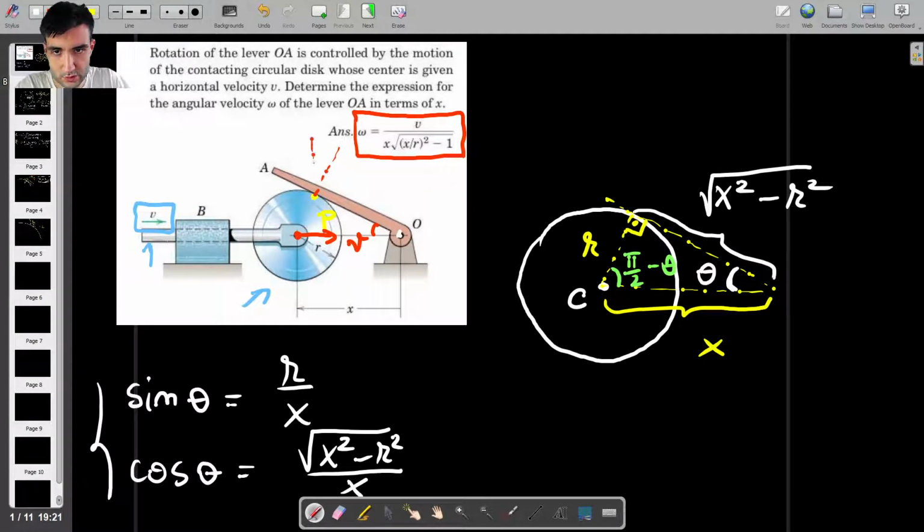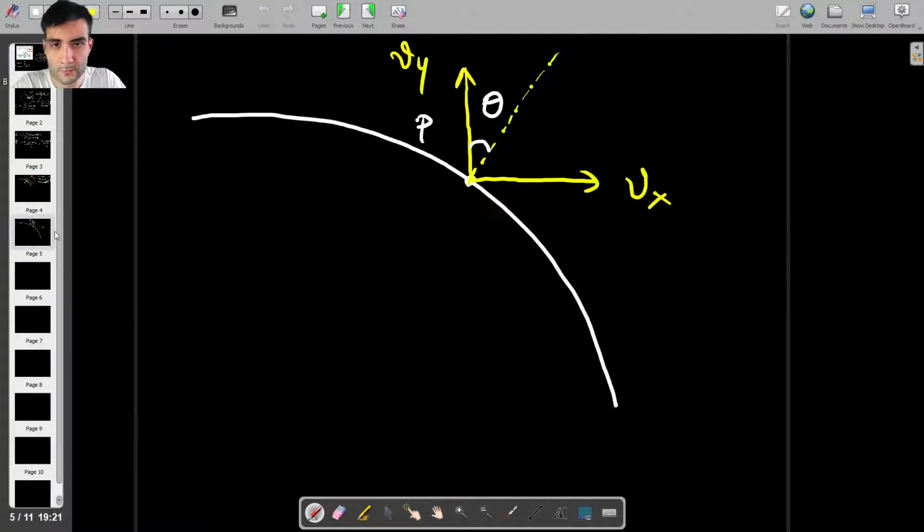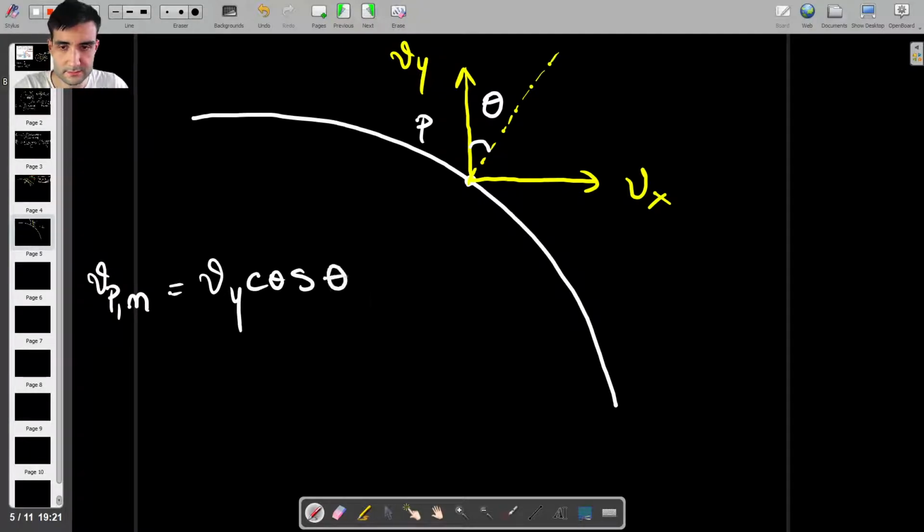So this is what we're looking at. This angle is the same as this angle, right? And we know the sine and the cosine of that angle, so we're good. So this VPN is given by those Vx and Vy components. That's going to be equal to Vy times cosine theta, right?